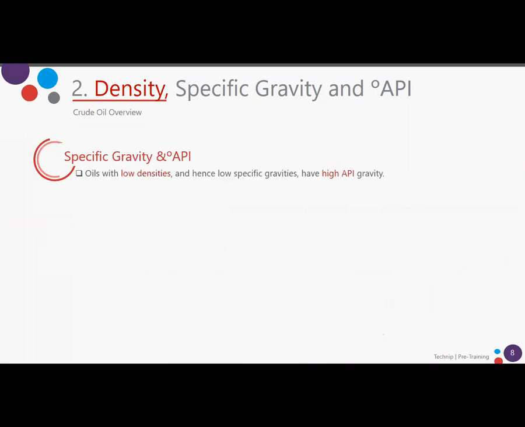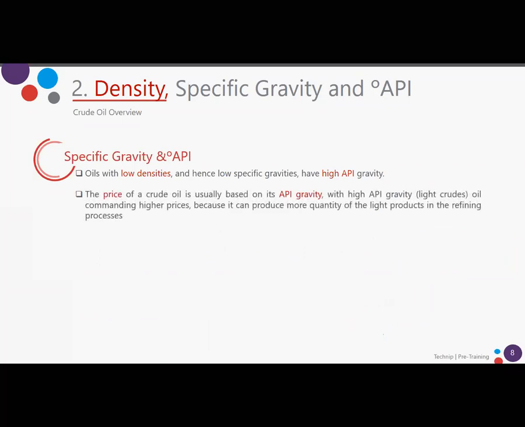So oil with low densities, and hence low specific gravity, have high API gravity. The price of a crude oil is usually based on its API gravity.